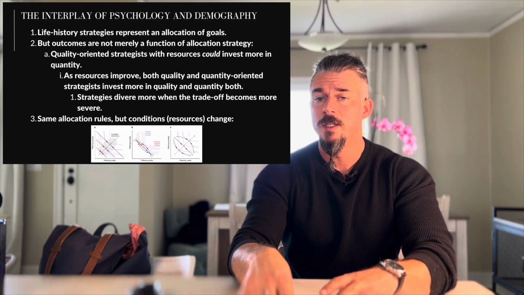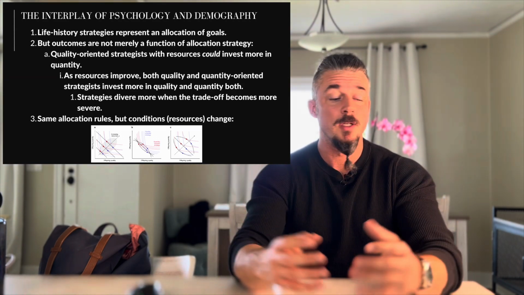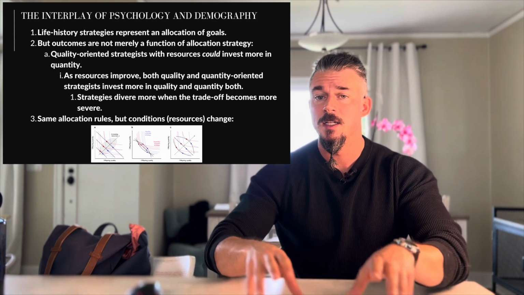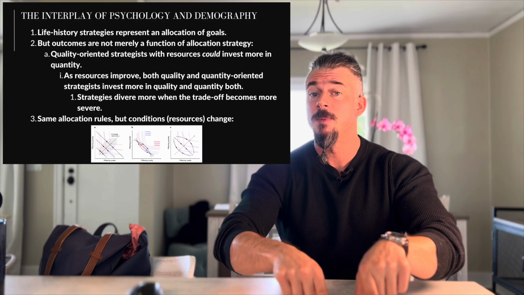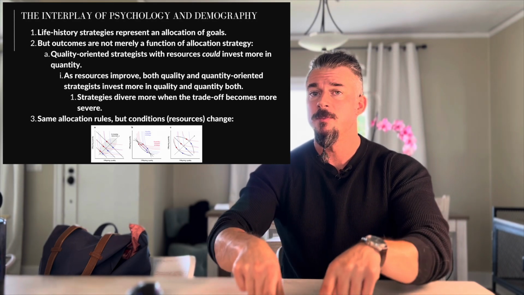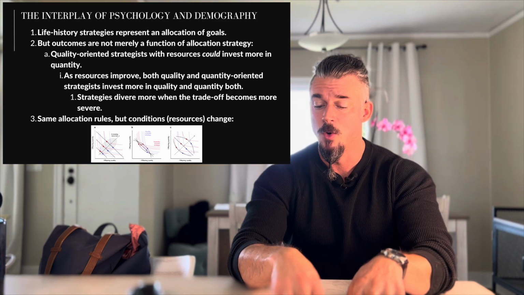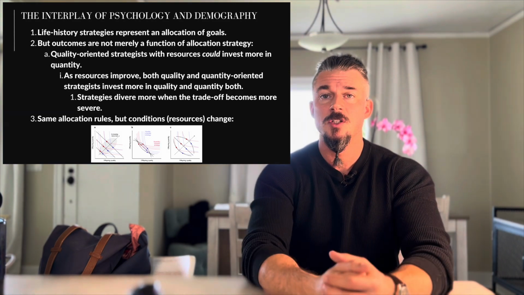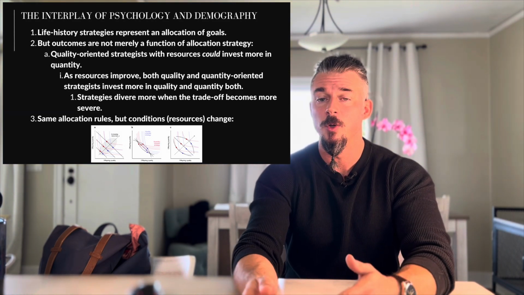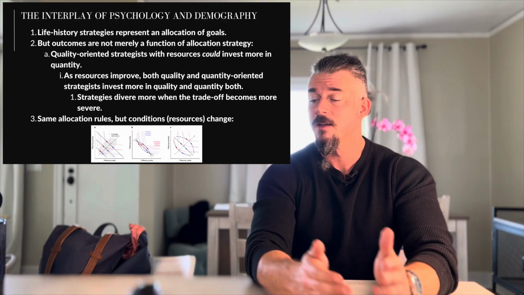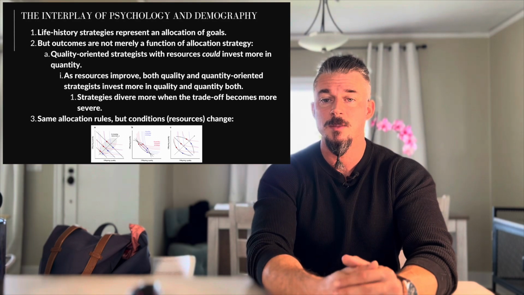So more resources in the environment open up the opportunities for both kinds of strategists to prioritize both of these things more. And these strategies begin to diverge more when the trade-off becomes more severe. So it's in these resource-scarce environments that you probably begin to see more of this traditional fast-slow life continuum of behavior, right? Where now it makes more sense to follow a more strict fast life, more strict slow life, or whatever the case may be.